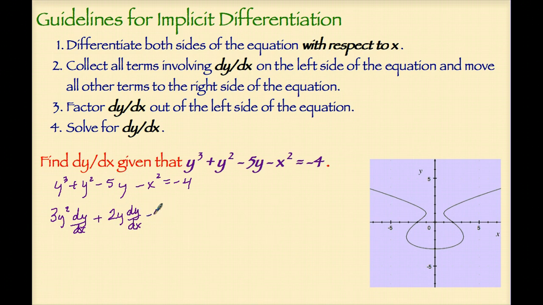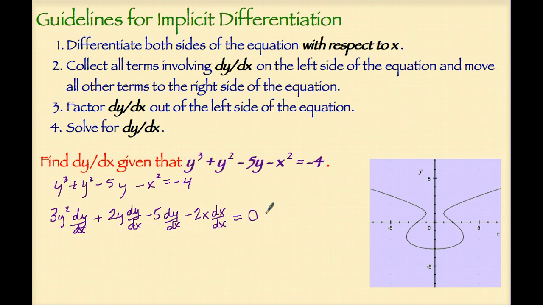Here, negative 5 is the derivative, dy dx, another y term. And then here we're finally at a different variable, an x term. The derivative is negative 2x, and since I took the derivative of an x term with respect to x, the differential that I attach is dx dx. On the right side of the equation, the derivative of negative 4 is 0.